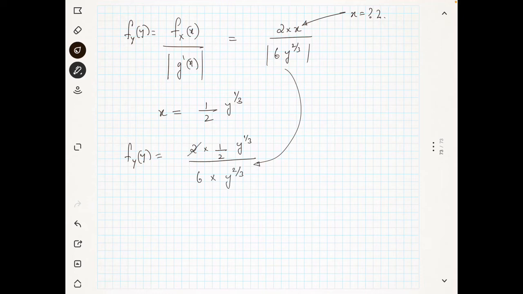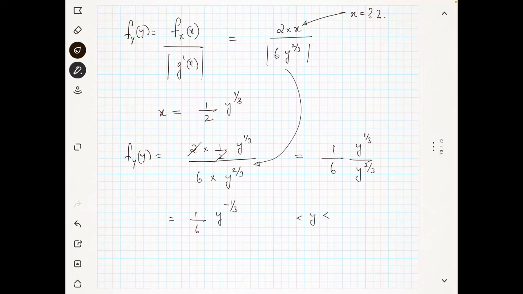So you see here this 2 and 2 will cancel. So this is nothing but 1/6 into y^(1/3) divided by y^(2/3). So this is equal to 1/6 into y^(-1/3). But what is the range of y?